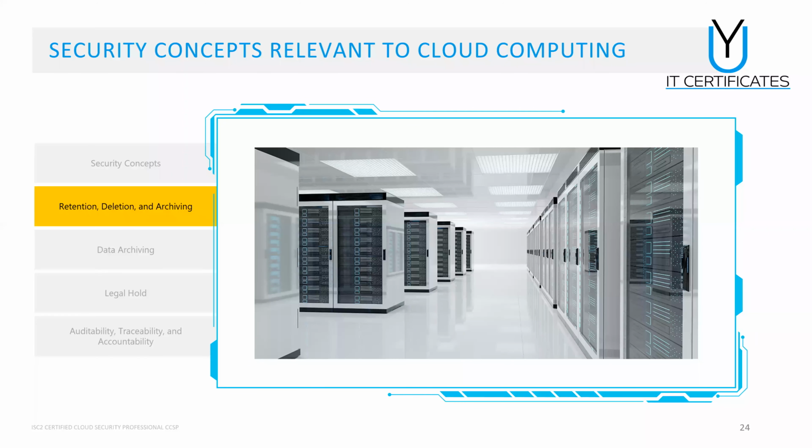Also, you have to understand how the cloud service provider will be able to delete this data. As we mentioned before, we have three different types of deleting data, and we explained this the day before yesterday. But let's summarize it quickly. First, you can crash the hard disk, so it is not usable and no one can access it.